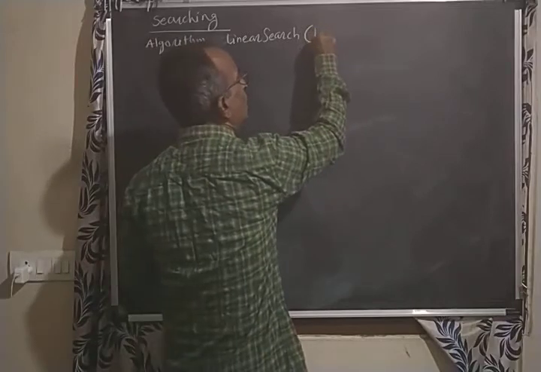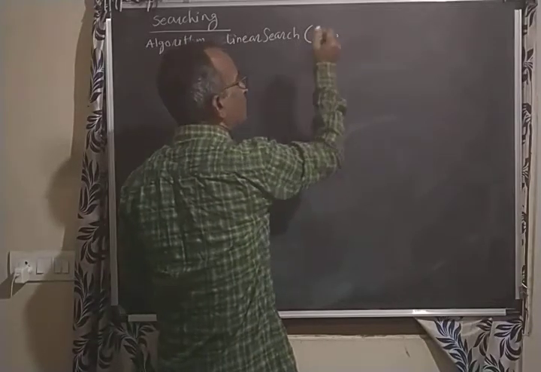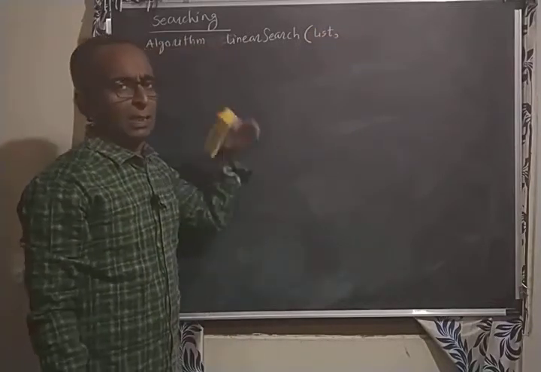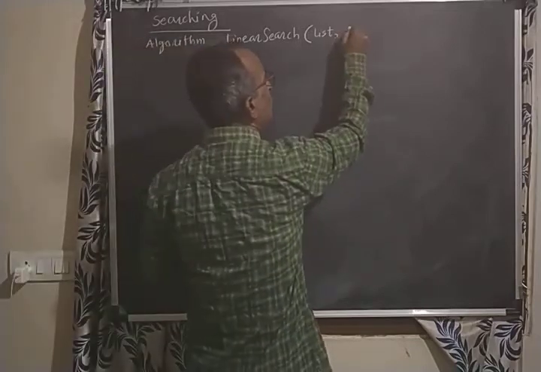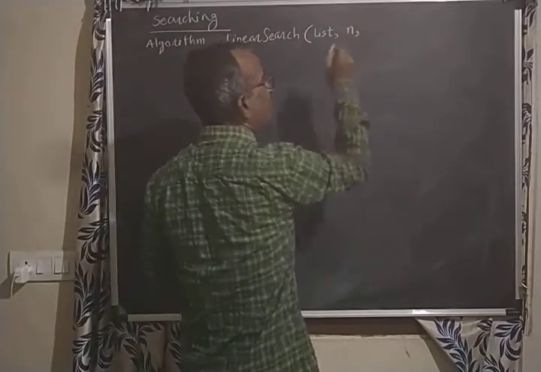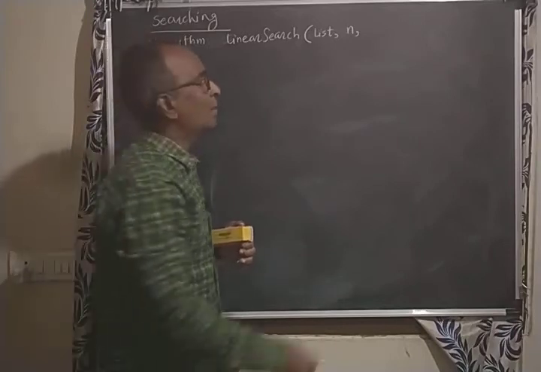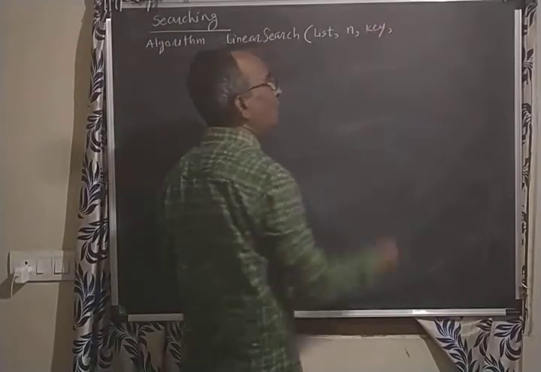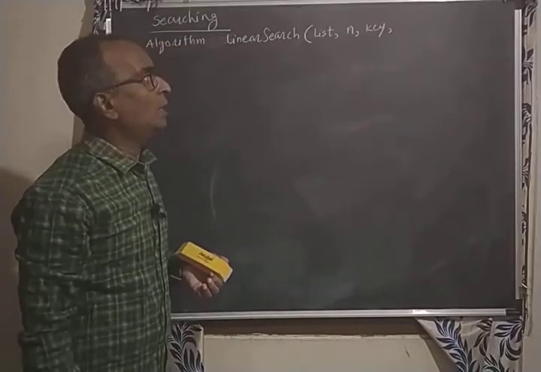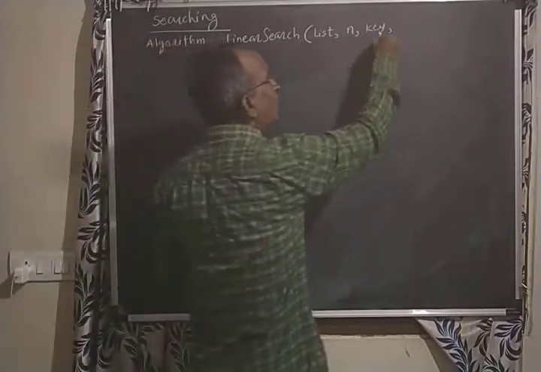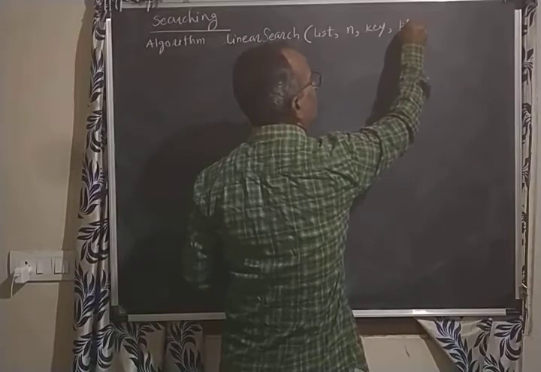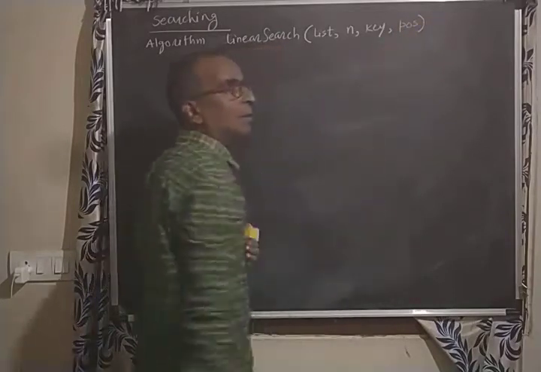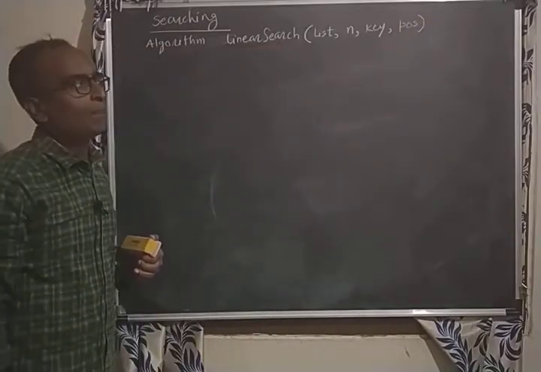So we are giving a list of n elements as an input, then the element to be searched, that is the key, is to be given, and in turn this algorithm should give me the position if it is successful.